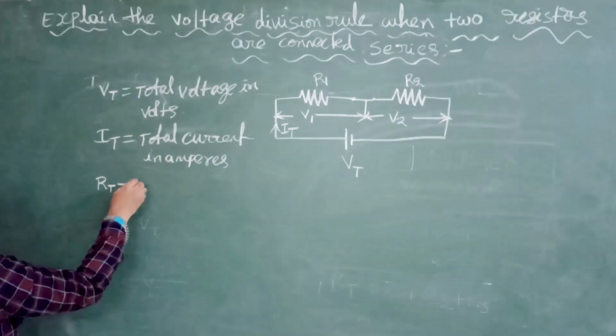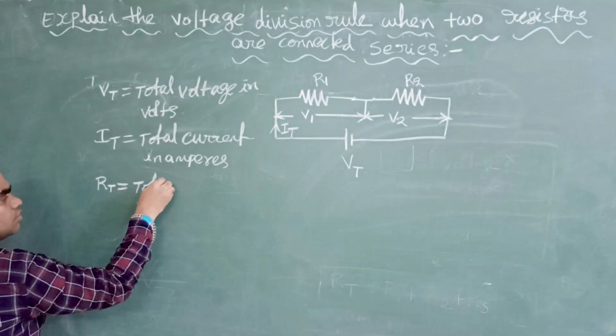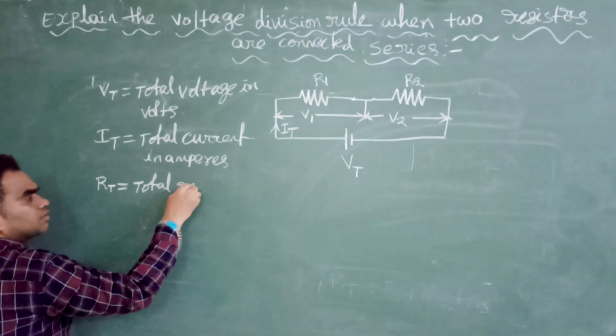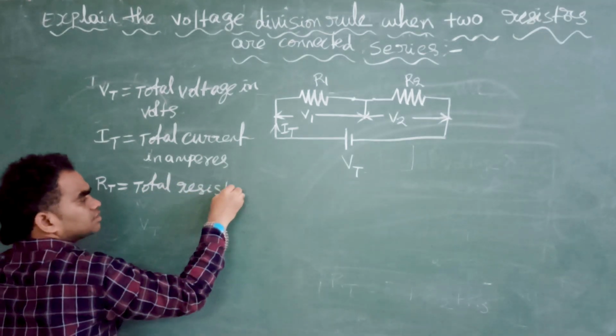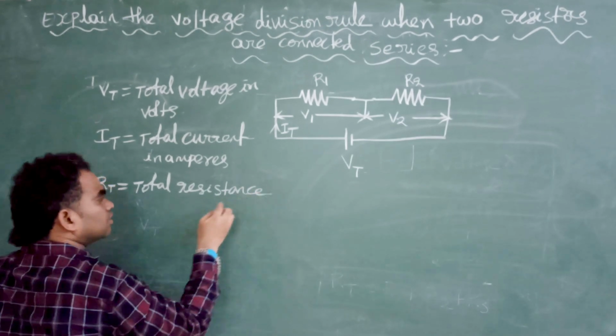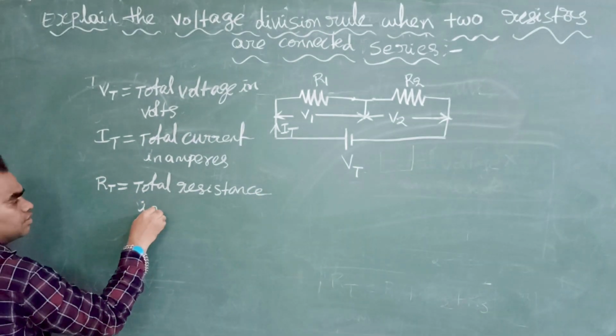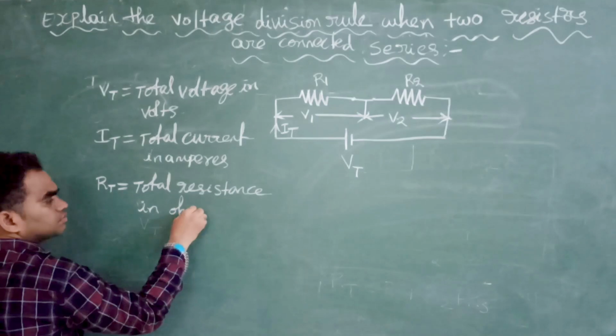RT is equal to total resistance in ohms.